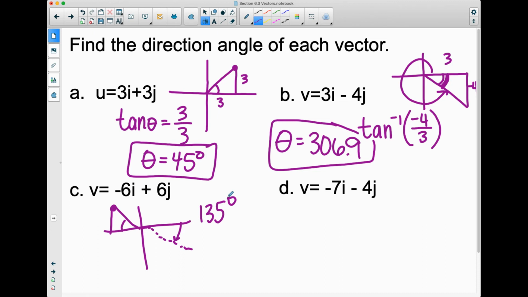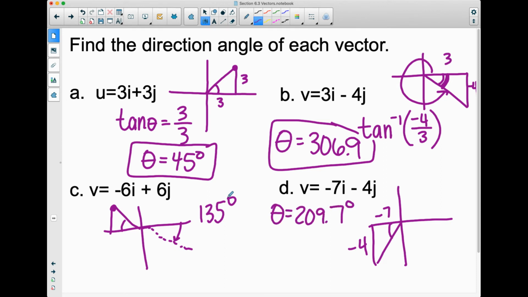Over here, if we have -7, -4, we are down here in the fourth quadrant... in the third quadrant. When we type that in, what do we get? Depending on how many decimals you round to, 209.7 or 210 or whatever.